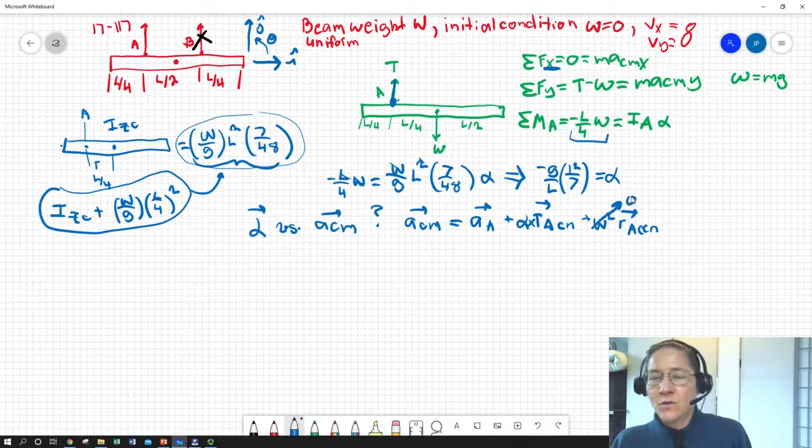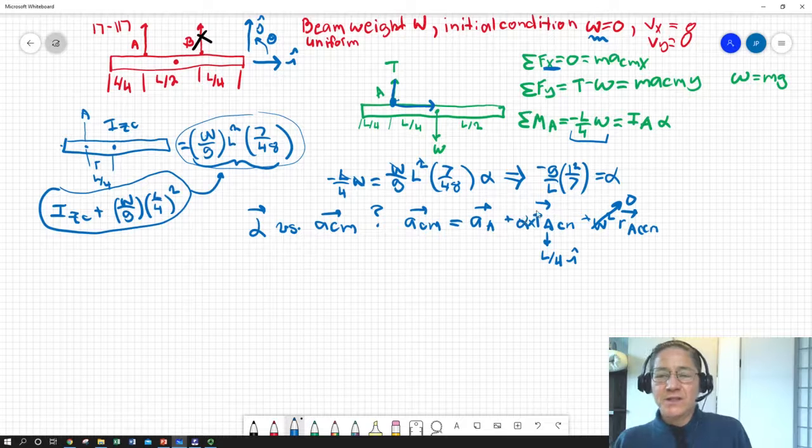That was 0 because we started with 0 initial angular velocity. The radius vector from A to the center of mass, in this case, is just going to be L over 4 in the i hat direction.